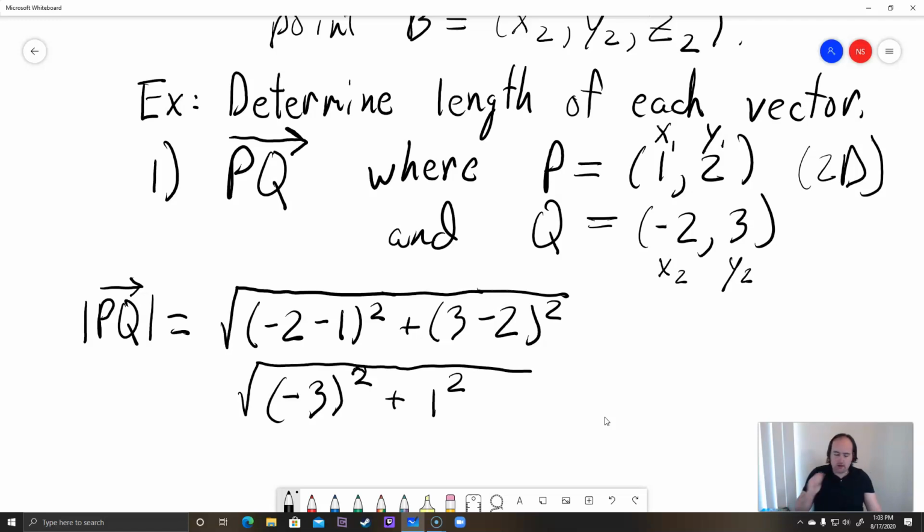So on the inside here you should have -3 quantity squared plus 1 squared. Now remember that -3 quantity squared, because you're squaring a negative, the minus cancels out and becomes positive. So we're actually just going to have 3 squared is +9. So we have 9 plus 1 squared is 1. So that's going to give us the square root of 10.